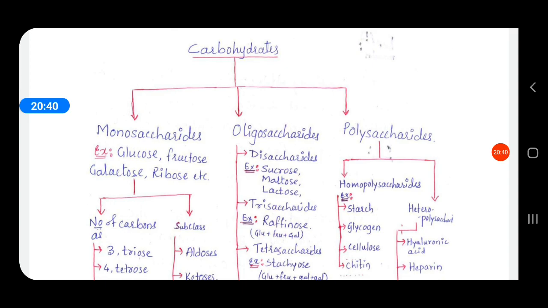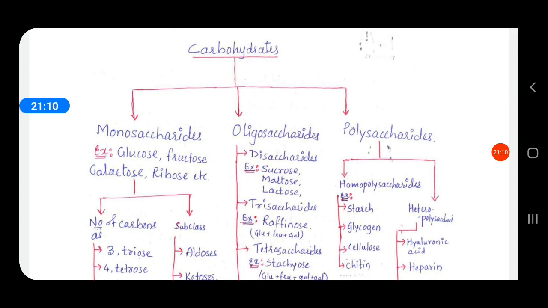So this classification depends upon physical properties. Sugars which are crystalline, soluble in water and sweet in taste are called sugars. The carbohydrates which are amorphous, insoluble in water and tasteless are called non-sugars.